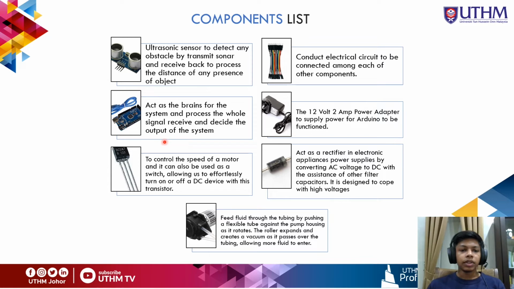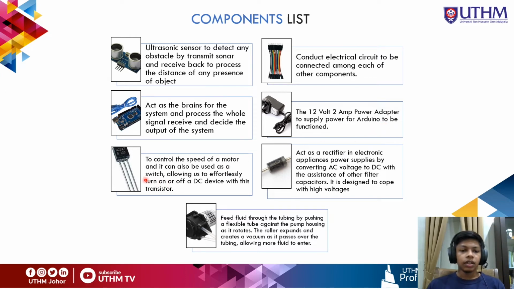The third component is the Arduino Mega, the main component. It acts as the brain of the system, processes all the signals received and decides the output for the system. The fourth component is the power adapter. The 12 volt 2 amp power adapter supplies power for the Arduino to function.